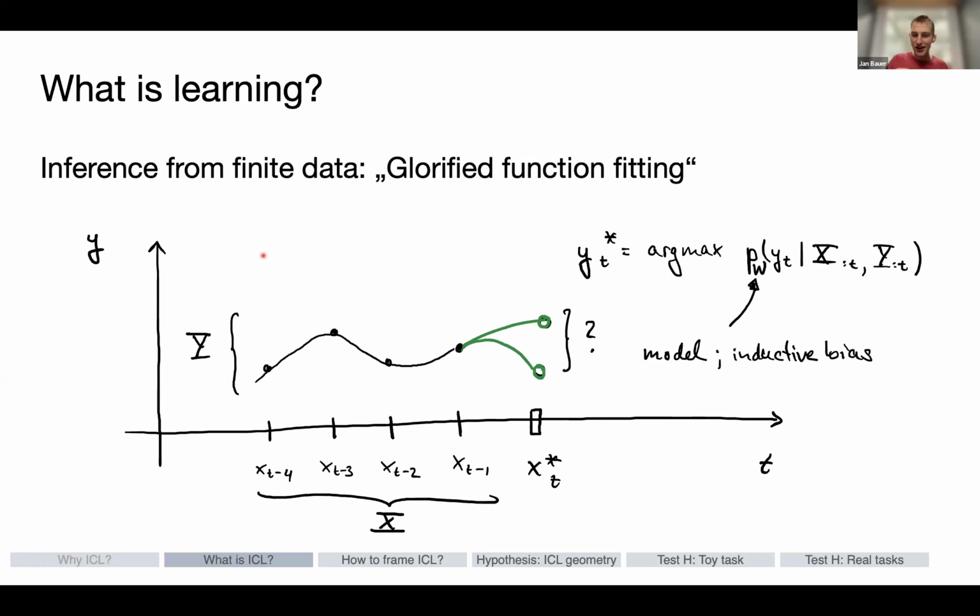That is, in some manner, I give you a set of input-output pairs. These would be these exemplar points in this very simple 1D function example. And then I give you a test point, and I ask you to do a continuation of the sequence.